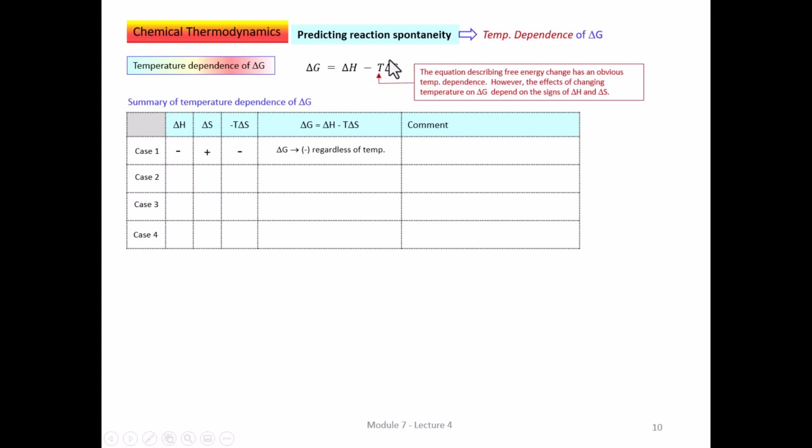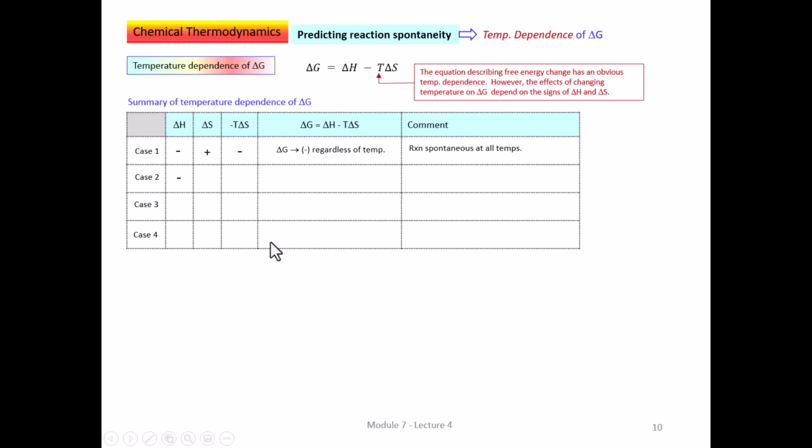If delta S is positive, that means that no matter how low or how high this temperature is, this whole term, minus T delta S, is going to come out negative. And so no matter what the temperature is, deltaG is going to come out negative. So we'd say if you have a reaction where the deltaH is negative and the delta S is positive, that reaction is going to be spontaneous at all temperatures.